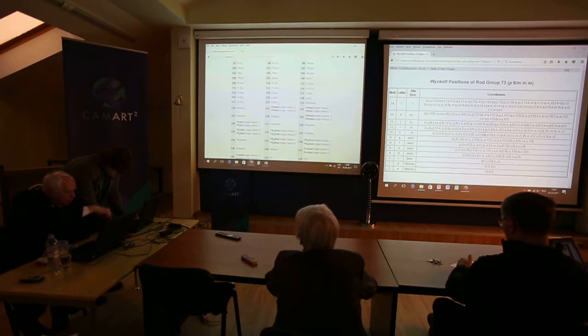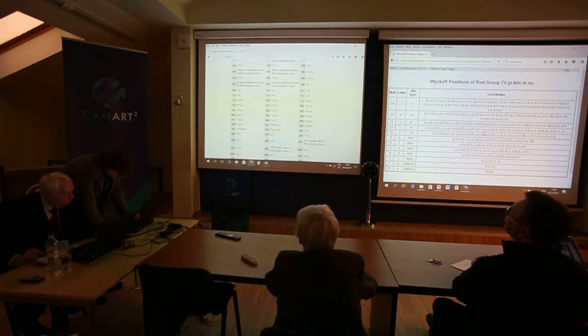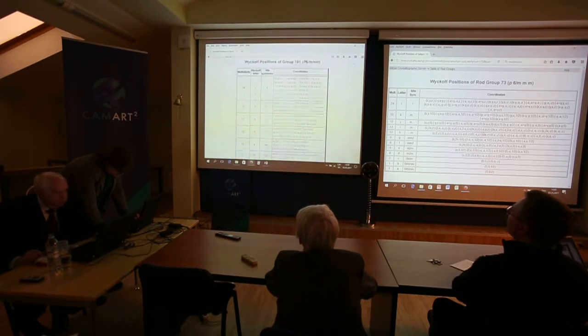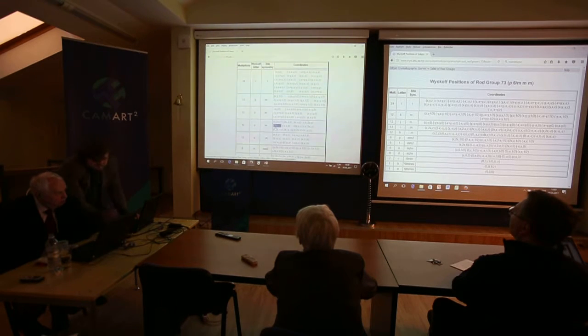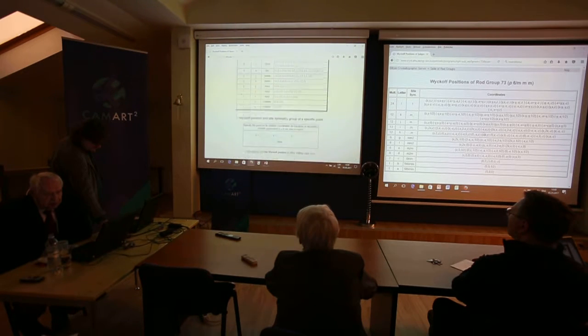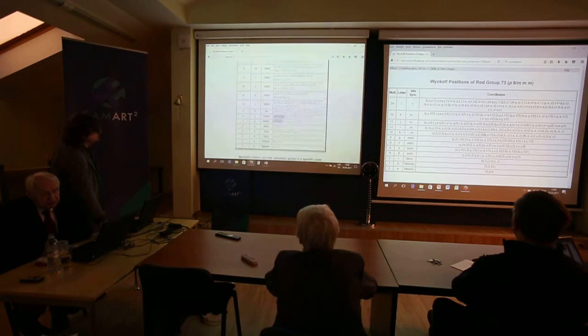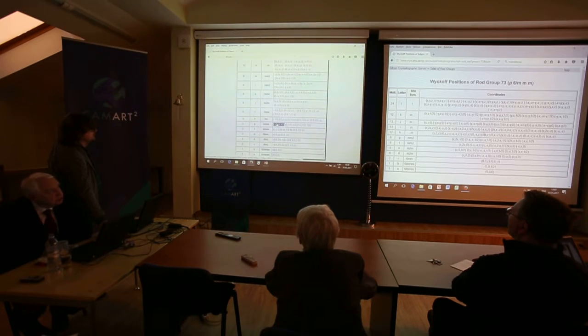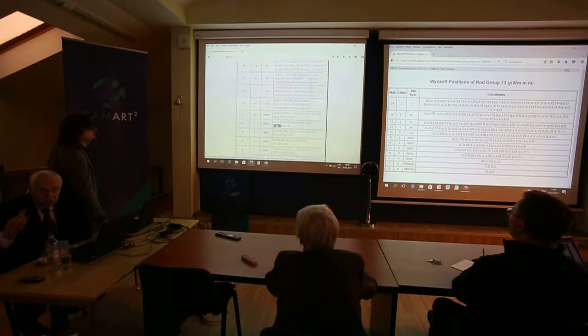Six, go down. This one. You see the difference? The difference is that 0, 0, 0 is always the same. But here for the rod group you have only half of the translation vector along one direction.